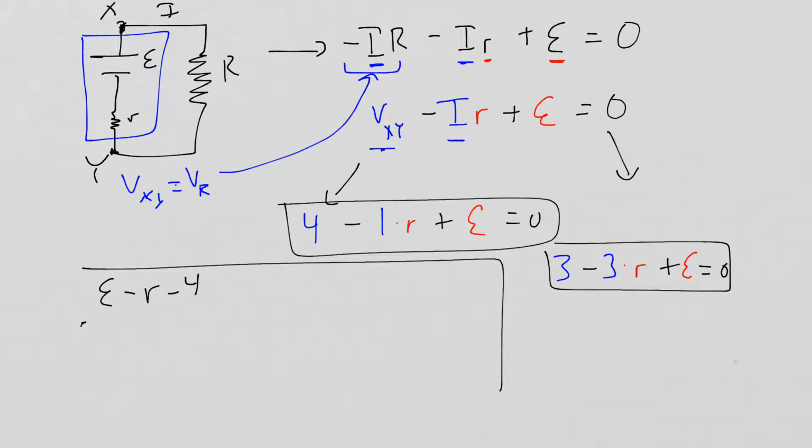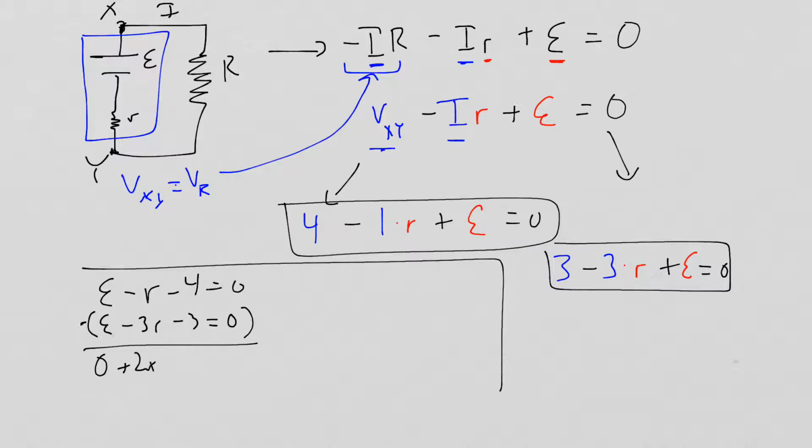That's pretty easy to solve for r, which gives us r is 0.5 ohms. Now I'm going to plug this back in, and I will get epsilon is 4.5 volts. So that's the way that I would approach this problem, to solve both A and B together.